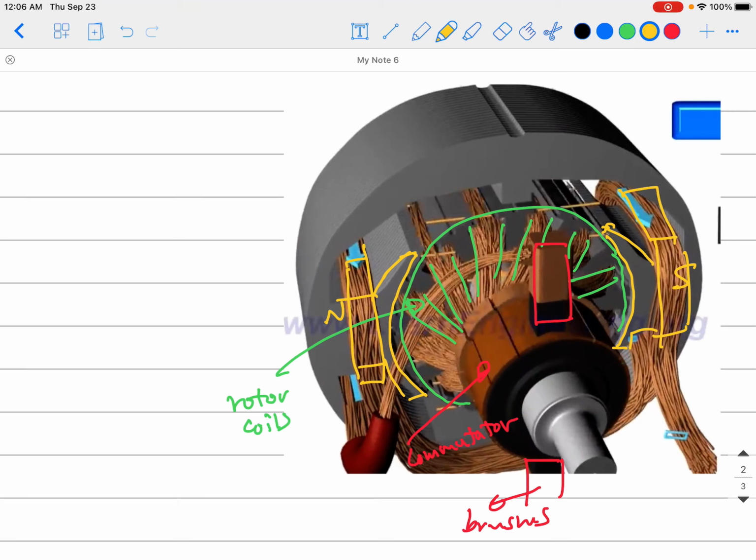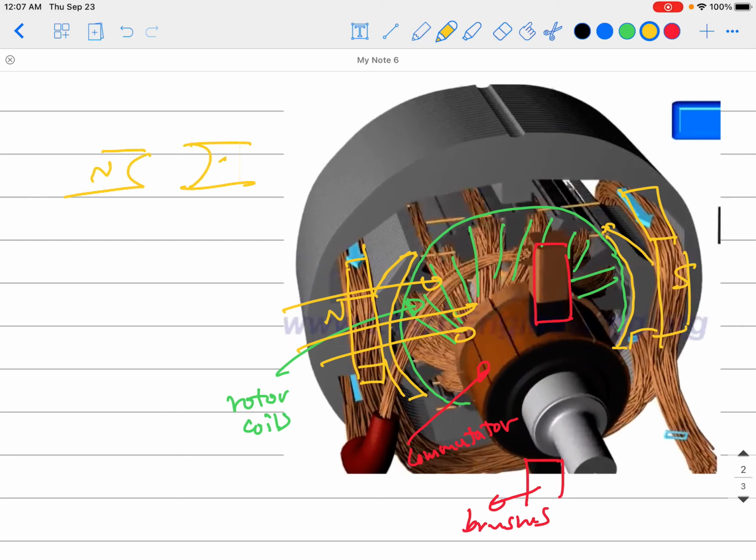Now you have a pole, because it's an electromagnet and it can act like a magnet. This provides a magnetic field going inside the machine, cutting the rotor coils and generating voltage in them if it is a generator. Or if it is a motor, it will interact with the electric current moving inside these coils to create the torque.